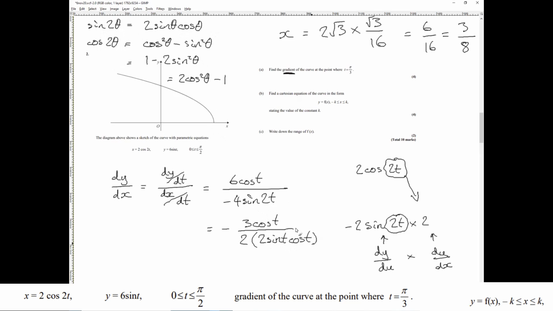And let's simplify that then to 3 cos t over 4 sine t. We can cancel the cos, can't we?